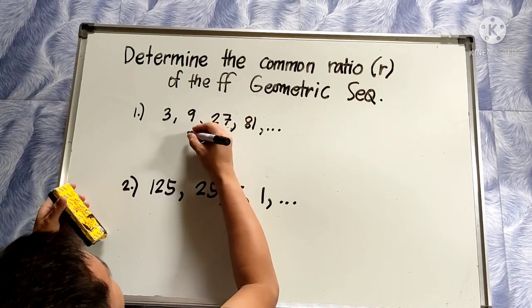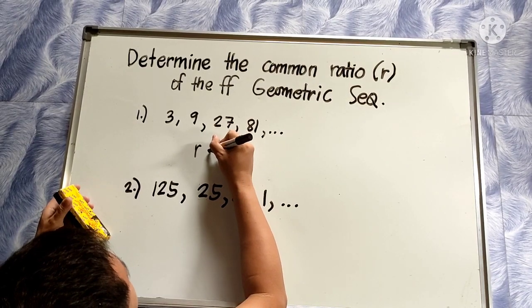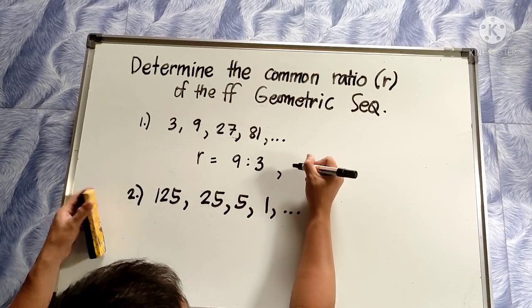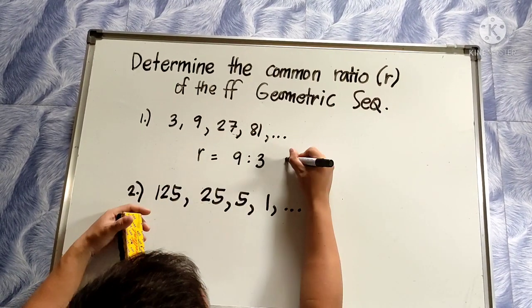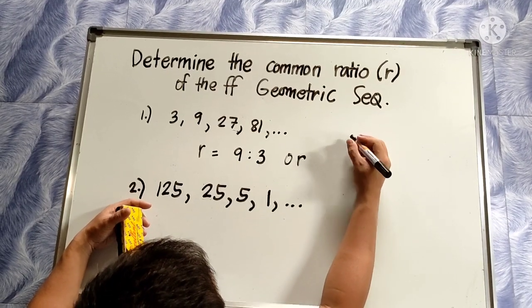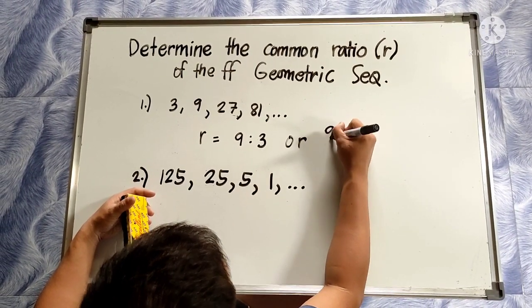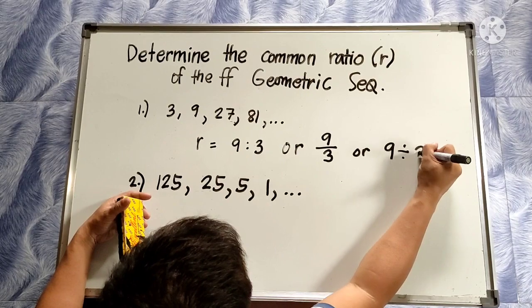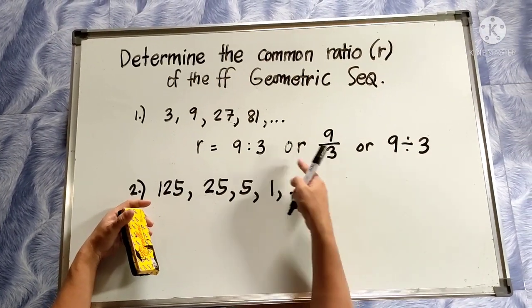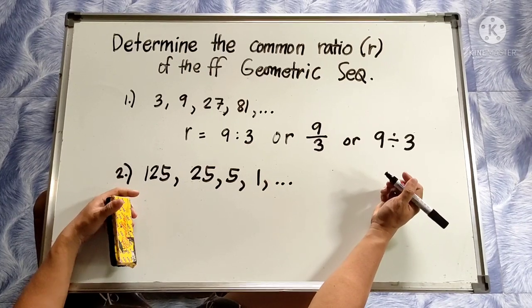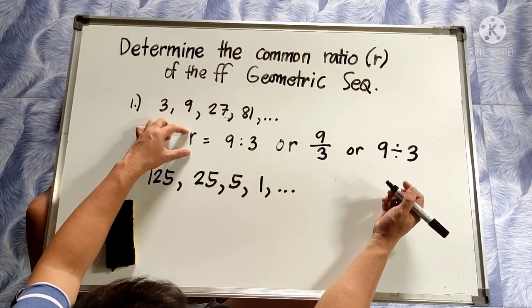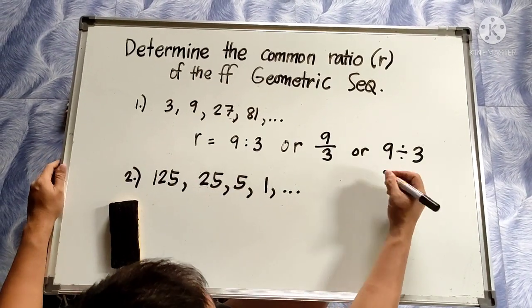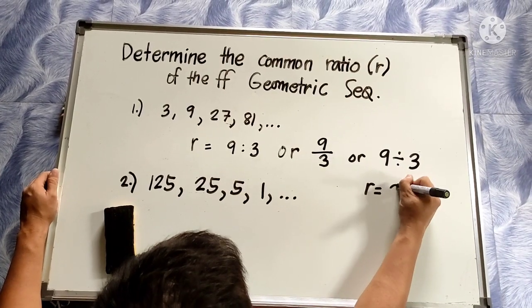Ratio can be presented in the following forms: 9:3, or another way of presenting it is in fractional form, 9/3, or 9 divided by 3. So any of these three forms is your way of presenting your ratio. So 9 divided by 3 is 3. So our common ratio here is 3.